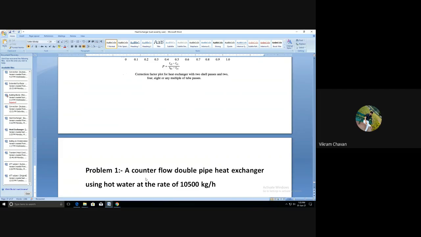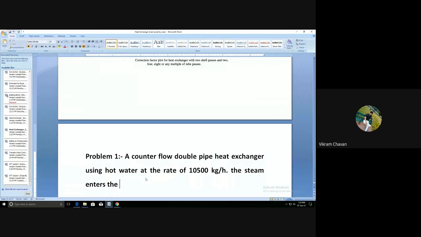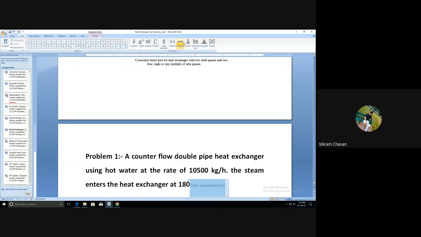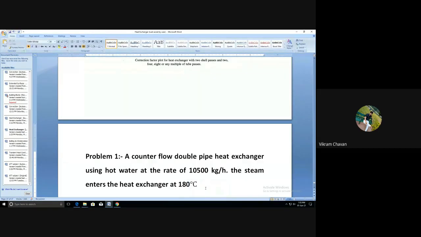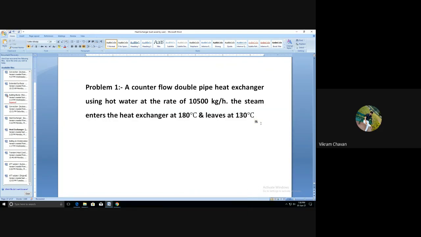The steam enters the heat exchanger at 180 degrees Celsius and leaves at 130 degrees Celsius.